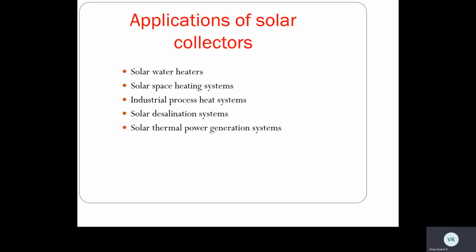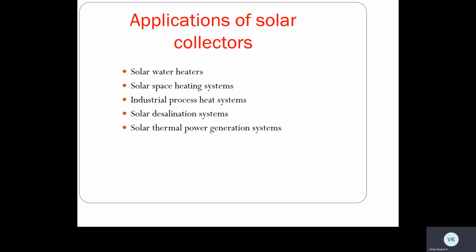And in solar thermal power generation systems, we use parabolic trough systems, the power tower or central receiver systems, and parabolic dish systems. These are different kinds of solar collectors.